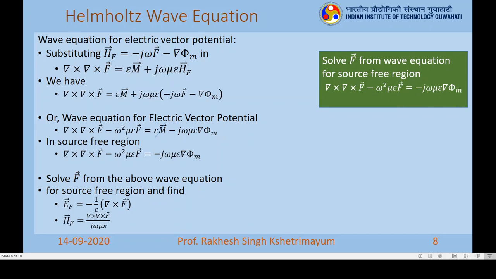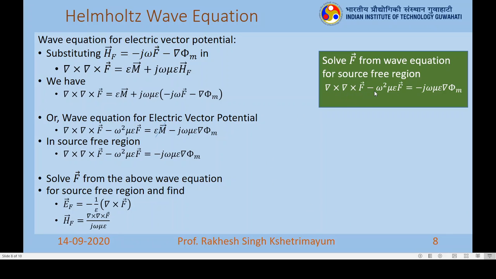So let us summarize the process. First find the potential, the electric vector potential. In order to find the electric field and magnetic field, I just find the electric vector potential F from the wave equation we have already derived. What was that?